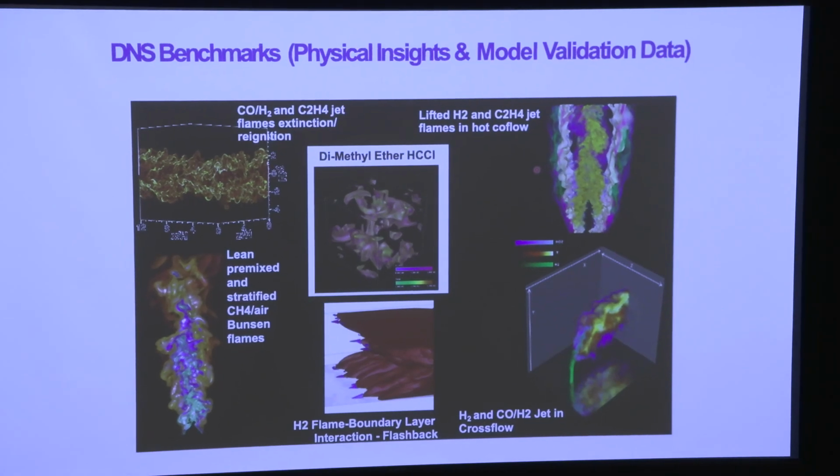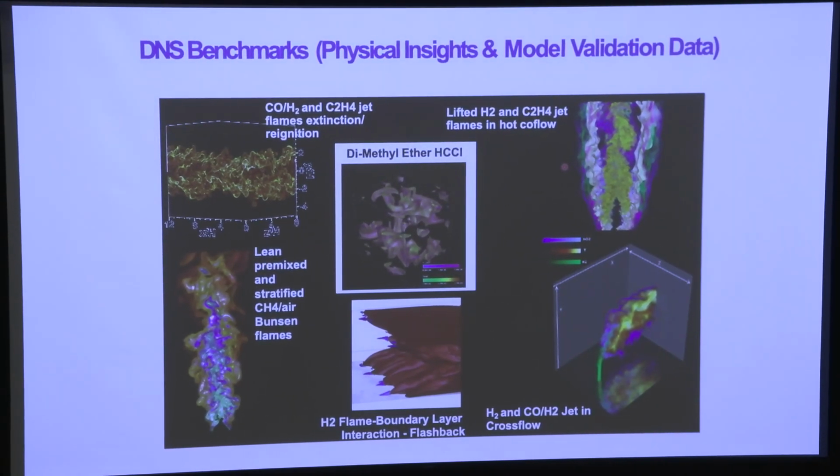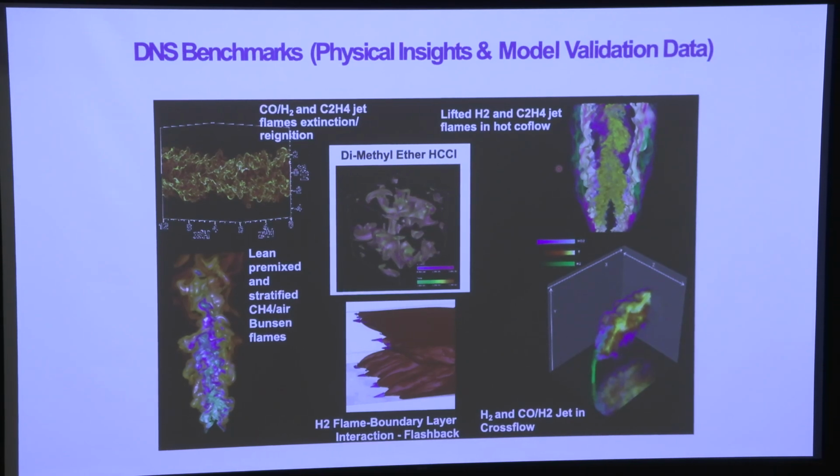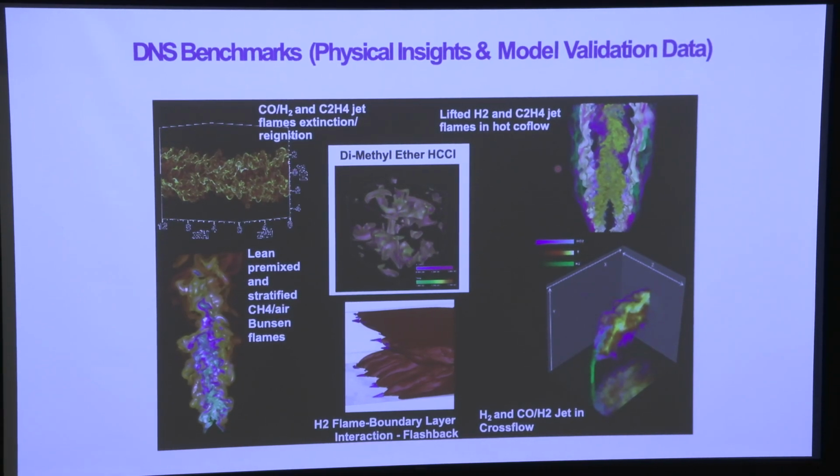We've simulated a bunch of these DNS cases over the years, and we've archived them now on HPSS at various supercomputing centers. But there's a movement afoot in our community, led by Matthias Ihme at Stanford and Weitong Chung, to create a community database called BlastNet, which is built on top of Kaggle, and it's accessible on GitHub.